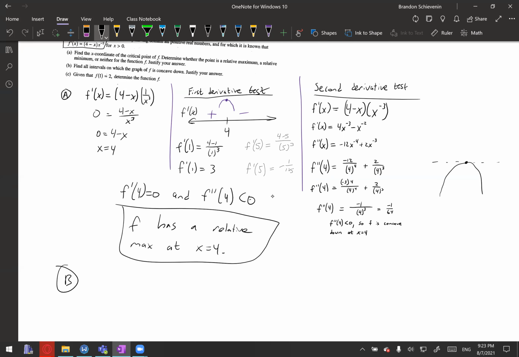Perfect. So I'm looking for all intervals, all ranges where the second derivative is negative. Okay, we already have a general form for the second derivative here, so I'm going to copy this line down here.